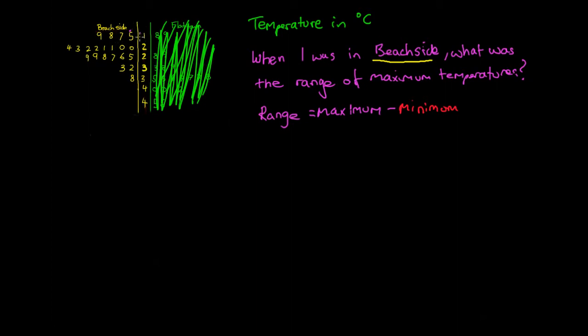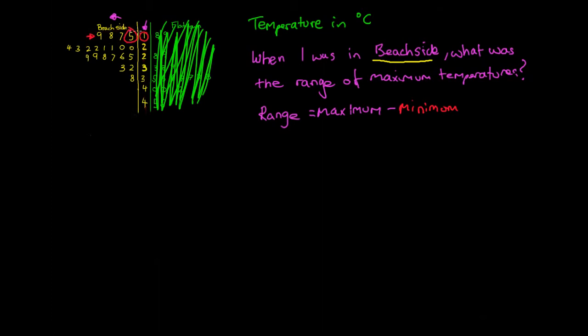What we can see is that the numbers go up as I go this way, and they also go up as I go down the plot. In order to work out this range, I'm going to need to find my minimum and my maximum. We'll start with the minimum first. The minimum is going to be literally the first value, and because these are already ordered, all we need to do is go to our lowest tens column, which is our 1, and then go to our lowest units column, which is our 5, because it's the smallest in this first row.